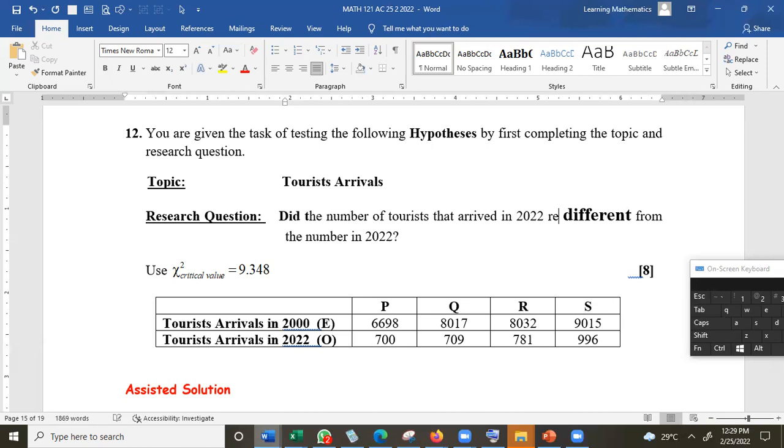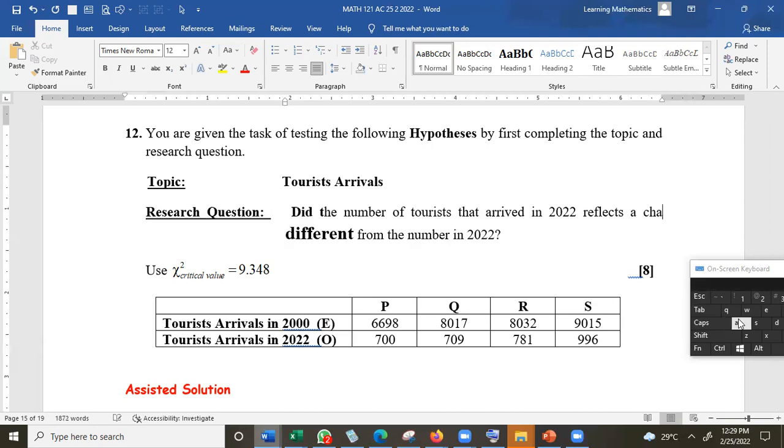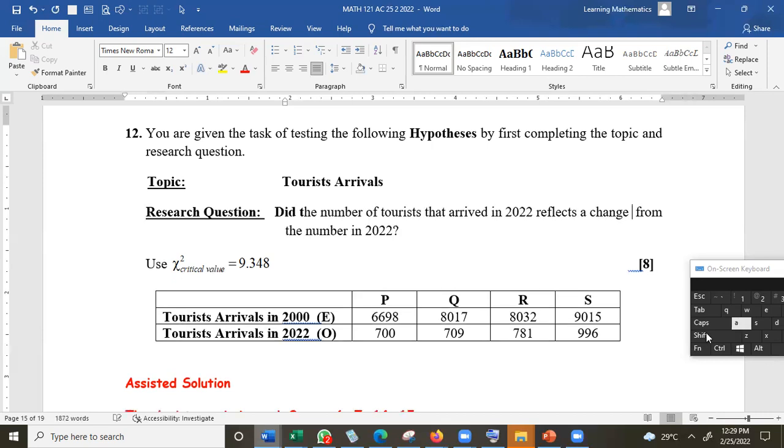There are different ways of phrasing it that reflect change, the same chi square, from the number in 2000.